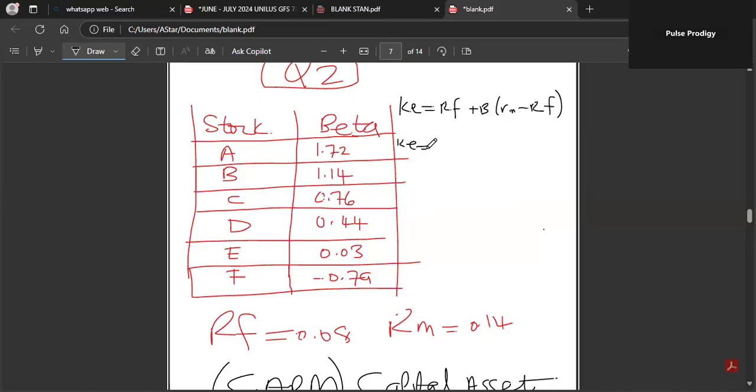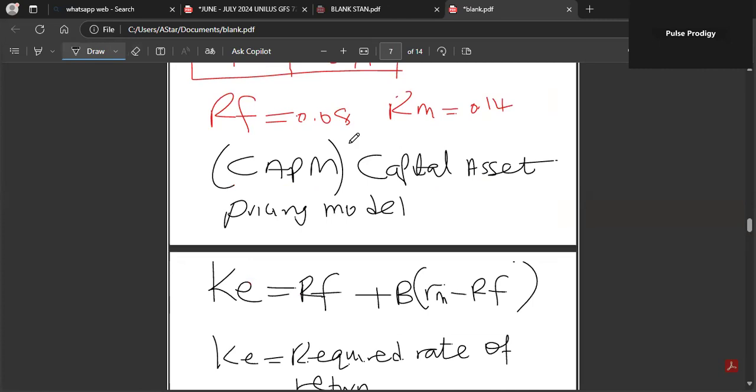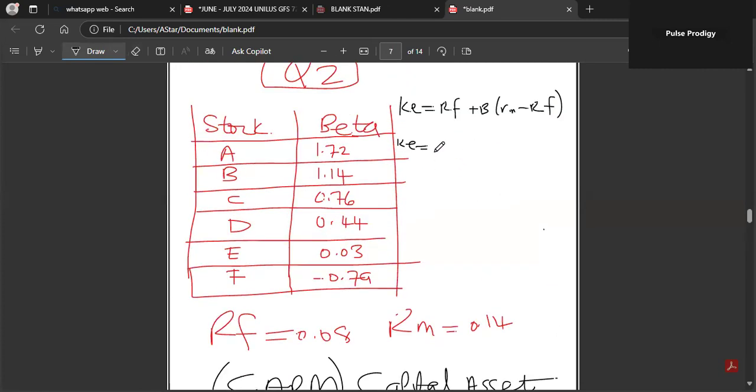The risk-free security has been given as 0.08 to substitute here. 0.08 plus what's our beta? 1.72. Market return 0.14, then minus the 0.08.